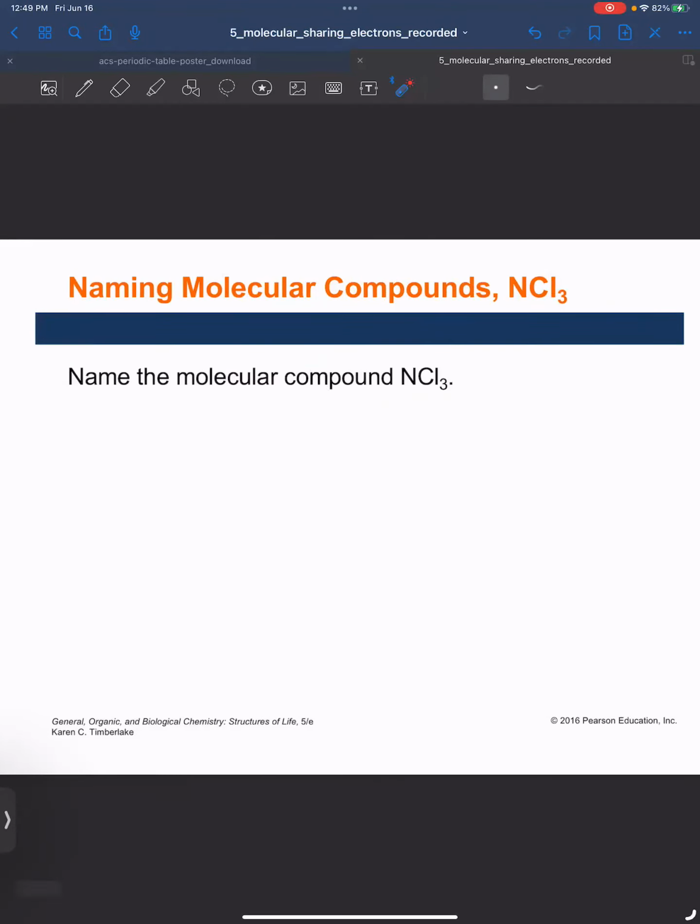So let's do an example together. First, I recognize nitrogen as a nonmetal and chlorine as a nonmetal. And so we are going to need to use prefixes for this covalent compound here. The first element, nitrogen, I use the full name. The second element, chlorine, I drop the I and E, keep the first syllable and replace it with IDE, so this is chloride.